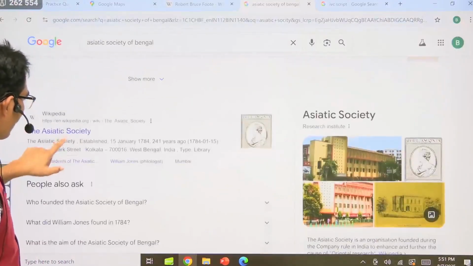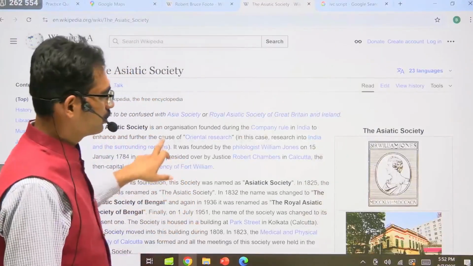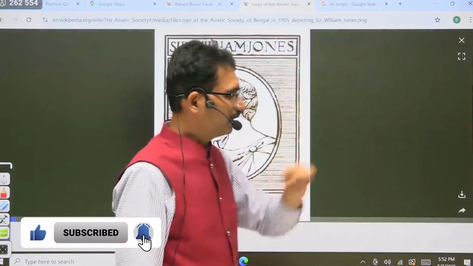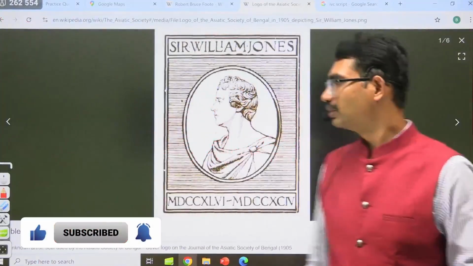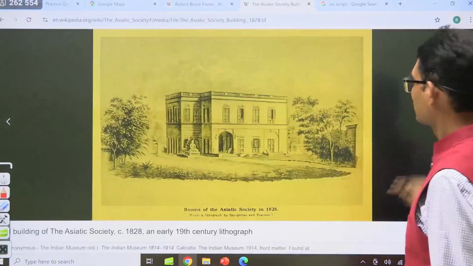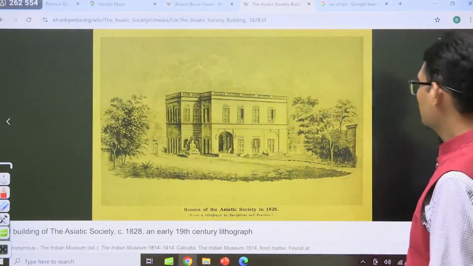The person behind this Asiatic Society was William Jones. You can see this, William Jones. This is the portrait of him. Asiatic Society of Bengal, in 1820s, this is how it looked.